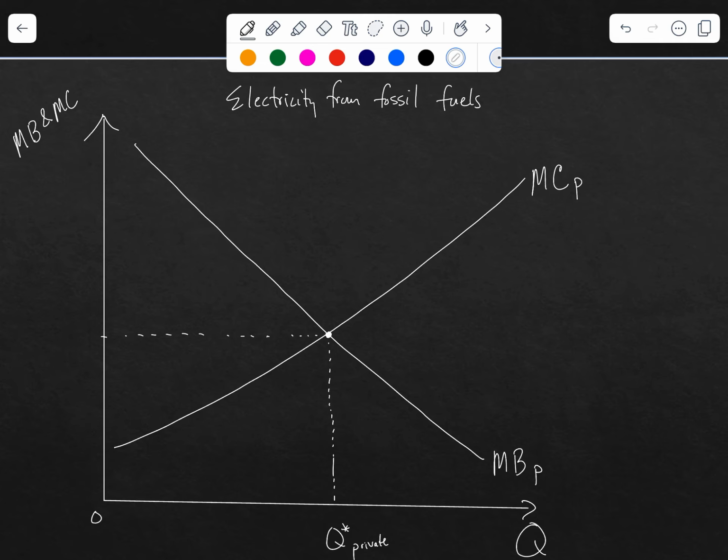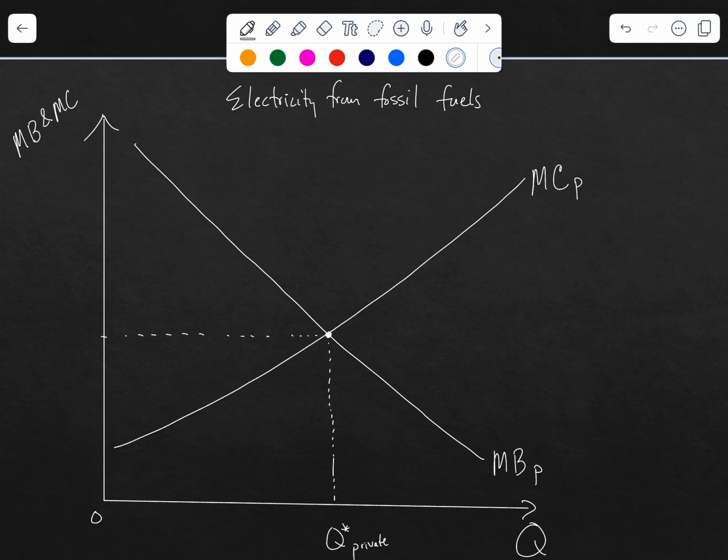Now, what are we missing? What we're missing is the cost that generating electricity imposes, right? By burning coal, for example, or other fossil fuels. To what extent does that impose costs on the larger environment and everyone in it, both plants and animals and other people, right?